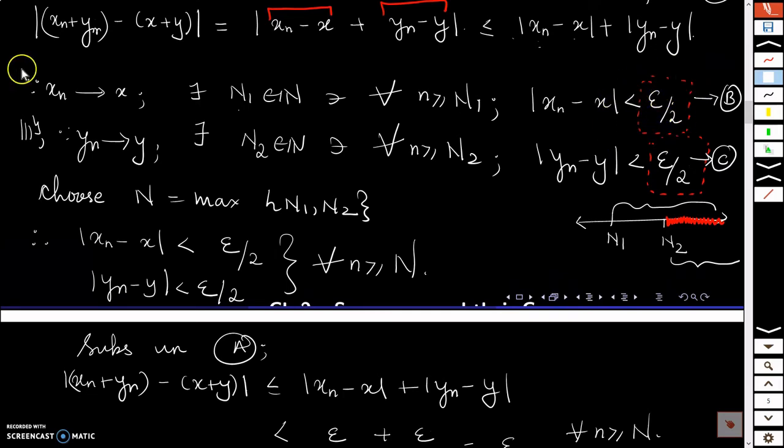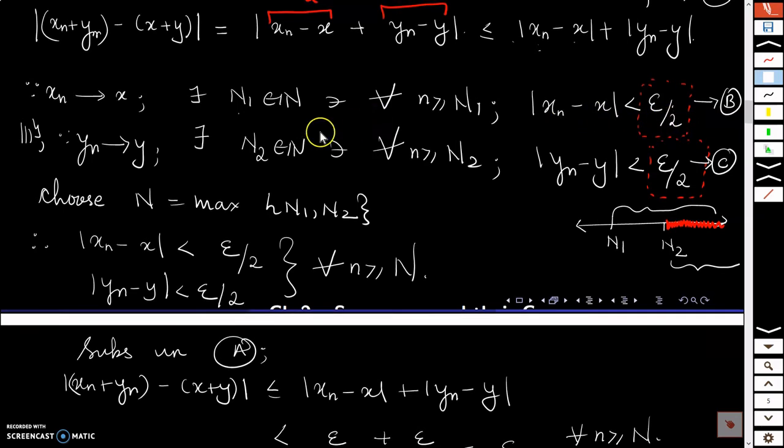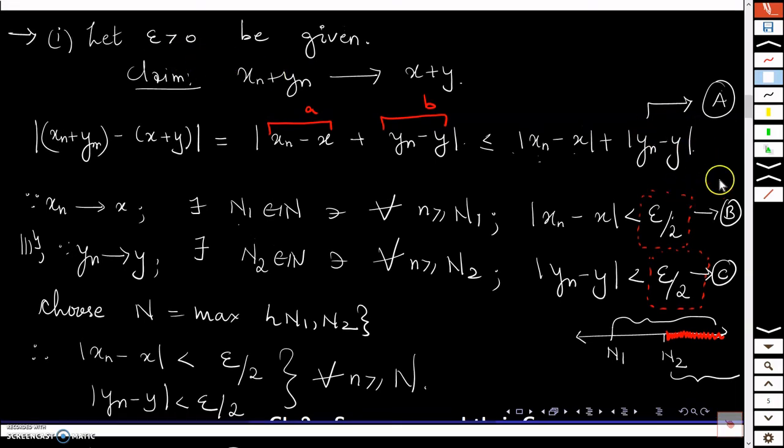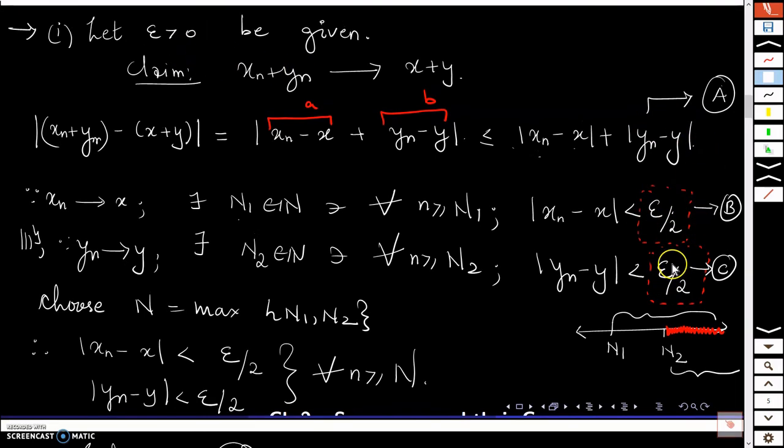The definition of convergence, that is xn converges to x, says: given any epsilon positive, no matter what that is, I can find a natural number n1 such that mod xn minus x will be less than that positive number. So you pick that positive number to be epsilon by 2. Because epsilon was positive here, epsilon by 2 is also positive, right?